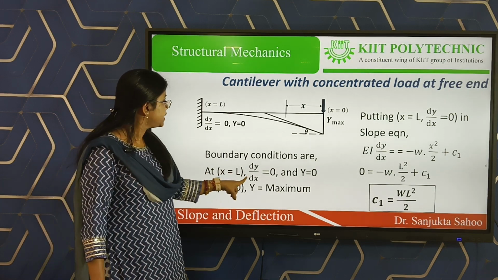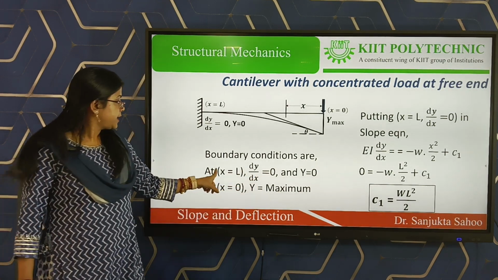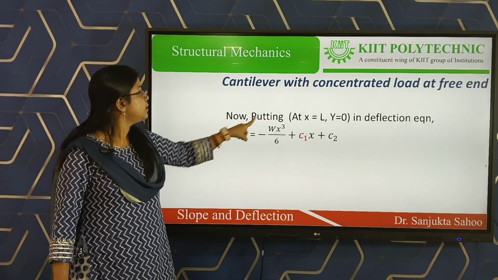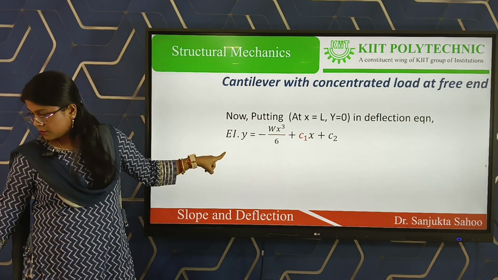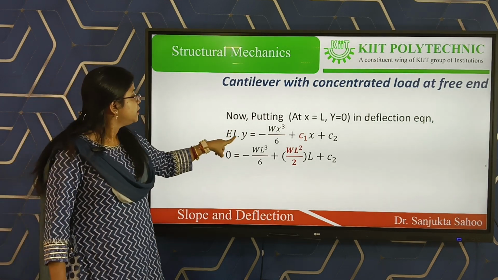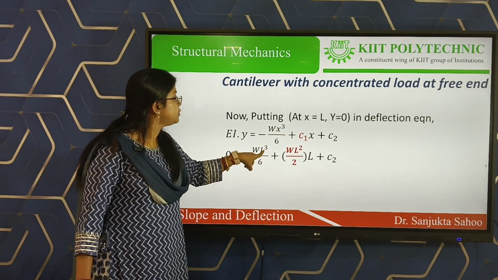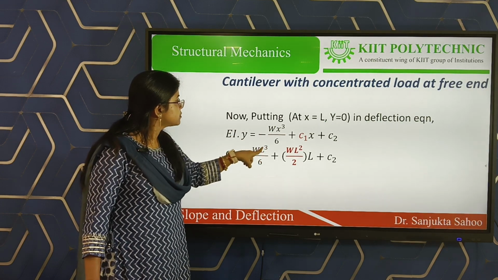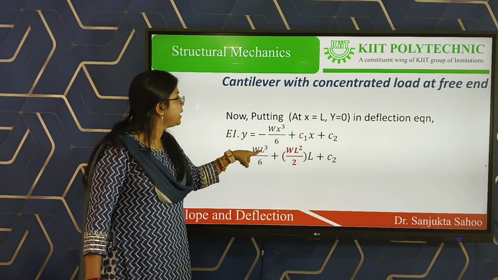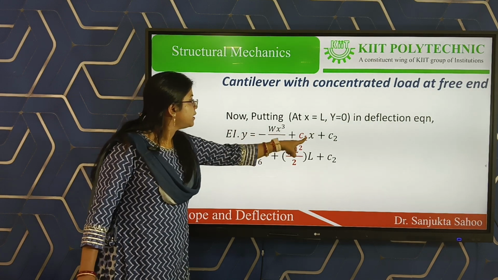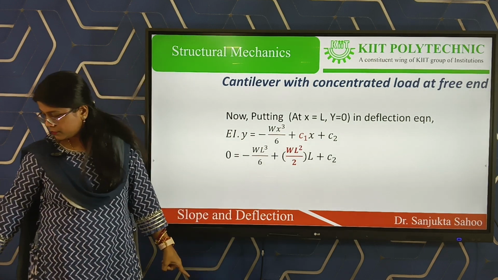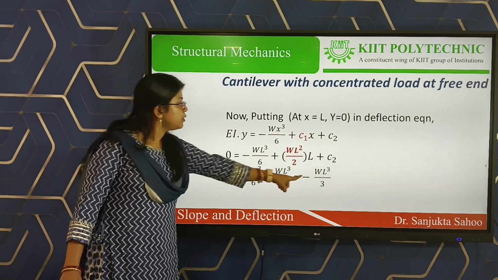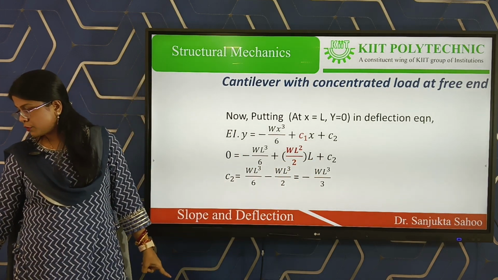Similarly, putting x equal to L and y equal to 0 in the deflection equation, minus Wx³ by 6, here I have put L in place of x, and putting the value of C1 here, we find C2 is equal to minus WL³ by 3 after calculation.